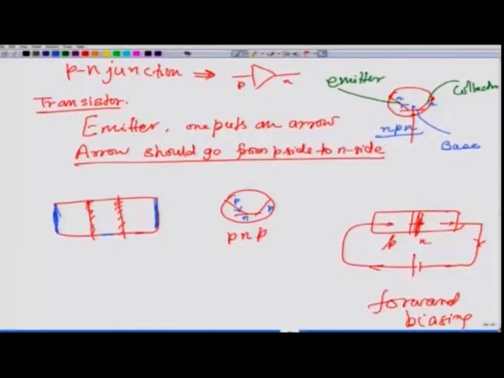Those are represented in the symbol by this point here and then the 3 points here. So, I draw a line here also, and this point is the metallic contact, this point the metallic contact, this point the metallic contact. So, these are the symbols for transistors.